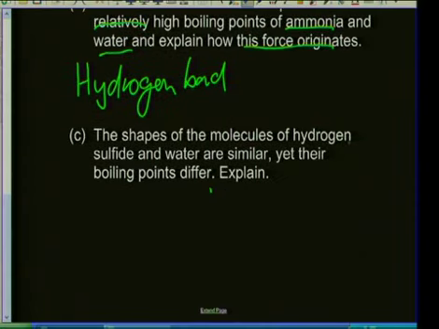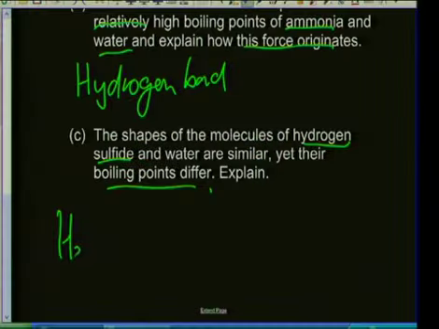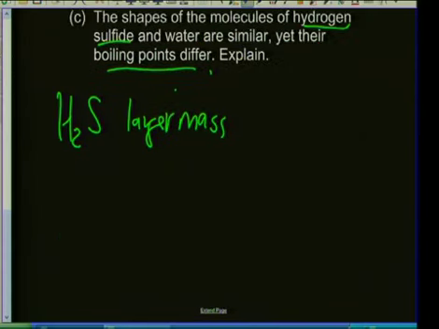Now, the shape of hydrogen sulfide and water are similar, yet there's a difference in their boiling points. We have mentioned this. It's all about the intermolecular forces. Even though hydrogen sulfide has a larger mass, it has a lower boiling point. I'm just going to abbreviate boiling point. Why is that?